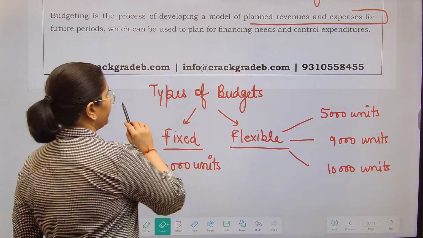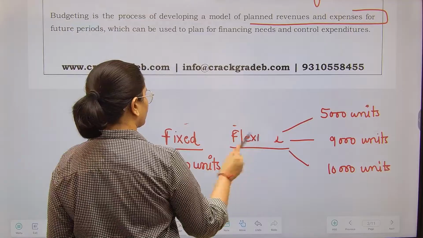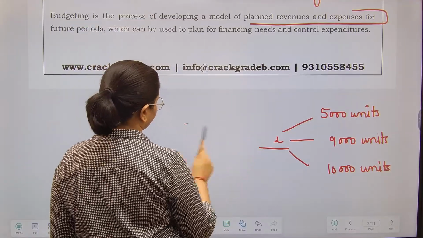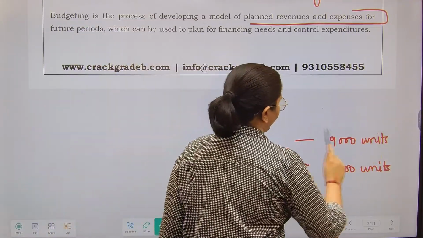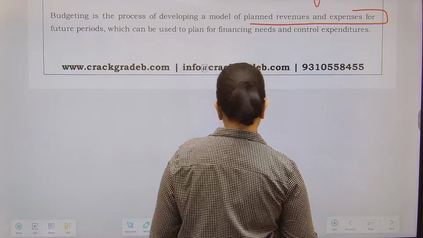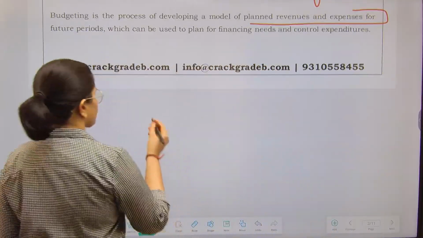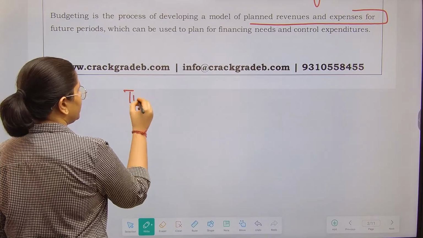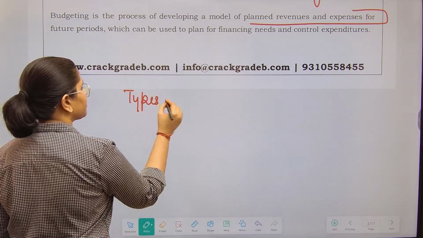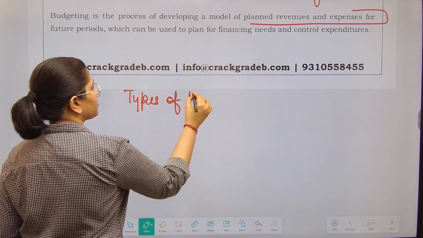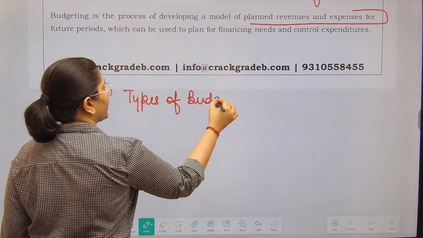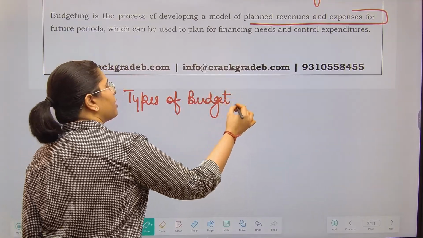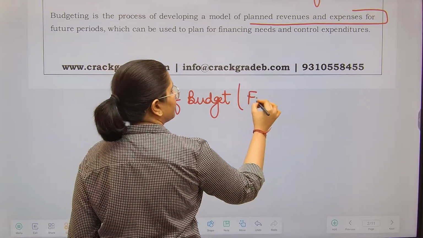We have a different thing as well. So this is types of budget based on functions.